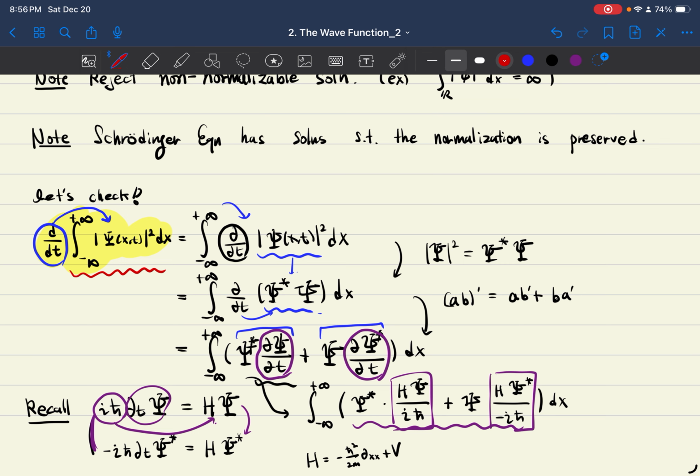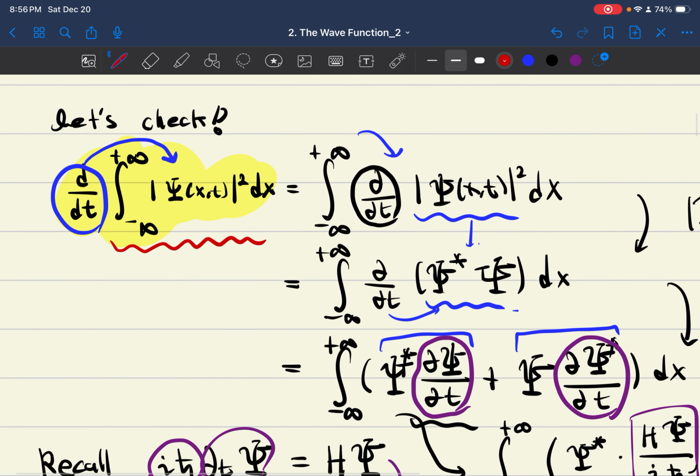So let's check. We can just differentiate this normalization term from minus infinity to plus infinity with respect to t. And then the result is 0 if the normalization condition is preserved.